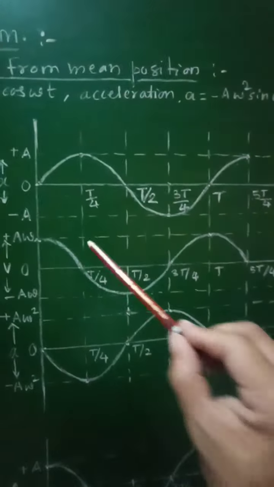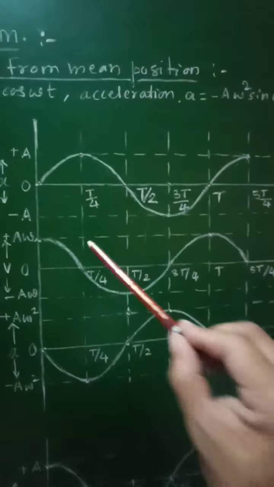Then for next value of omega t, that is pi by 2, we will get a equal to minus a omega square sin pi by 2. But here sin pi by 2 will be equal to 1, and therefore we will get a equal to minus a omega square.